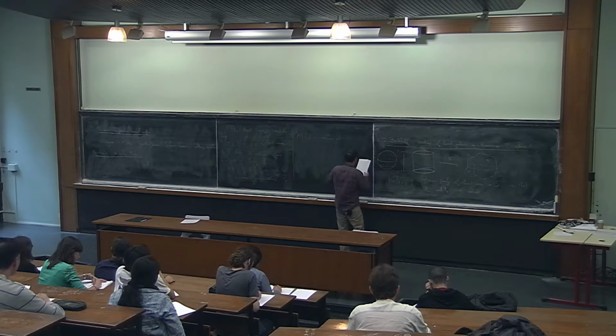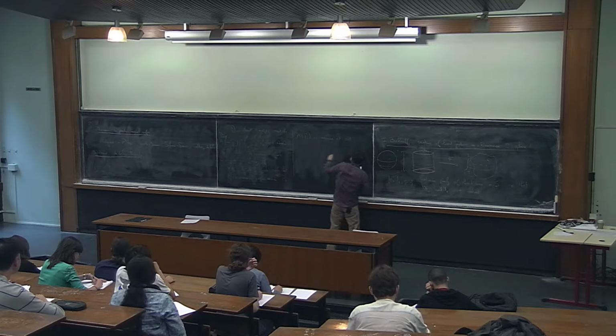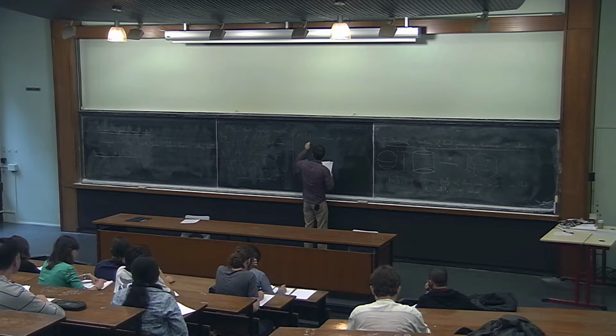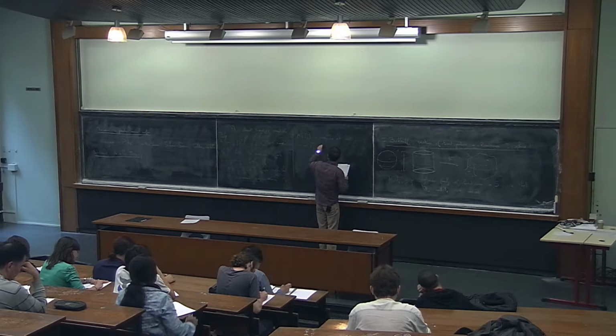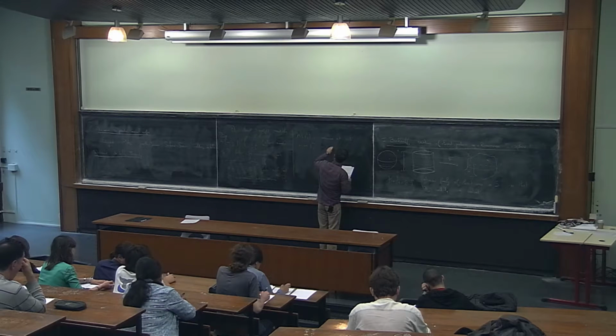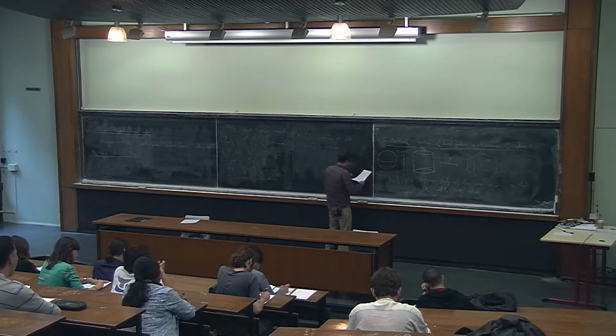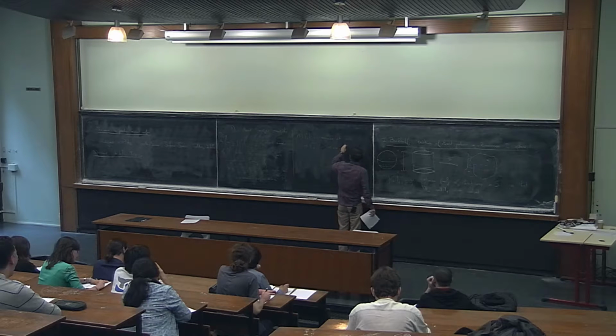And if you look at the map t goes to gamma sub t, it is continuous in the Hausdorff sense.